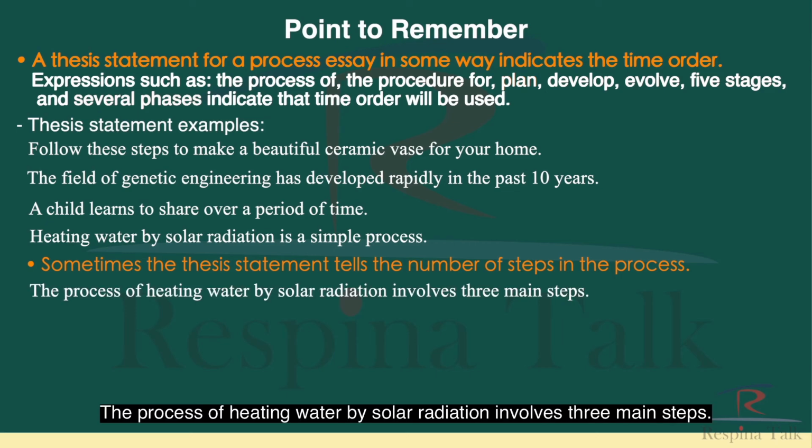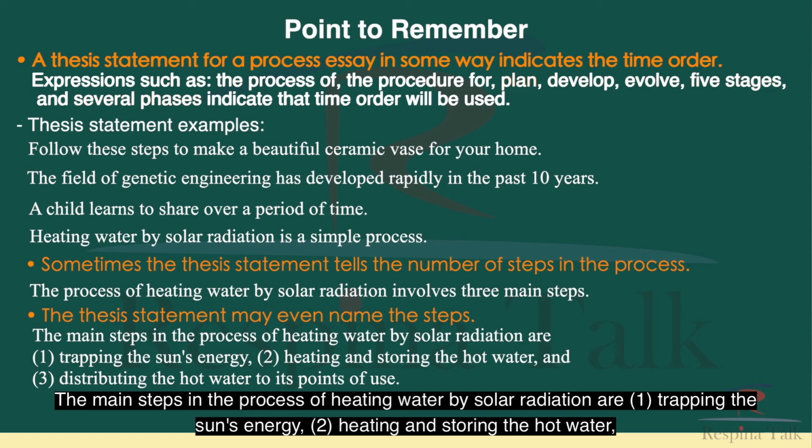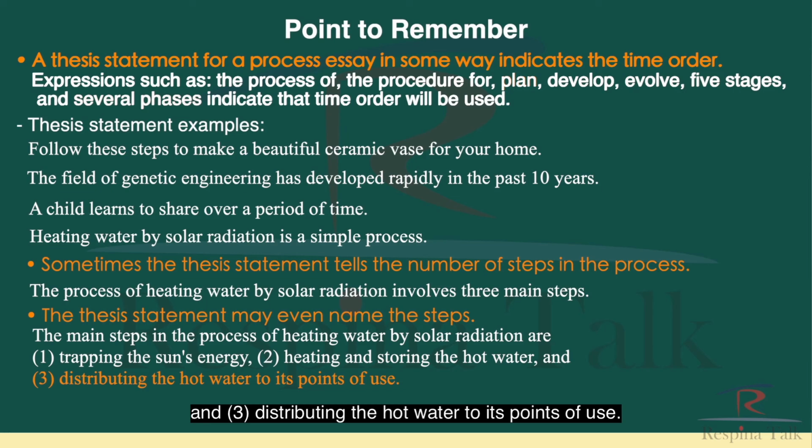The process of heating water by solar radiation involves 3 main steps. The thesis statement may even name the steps. The main steps in the process of heating water by solar radiation are 1. Trapping the sun's energy, 2. Heating and storing the hot water, and 3. Distributing the hot water to its points of use.